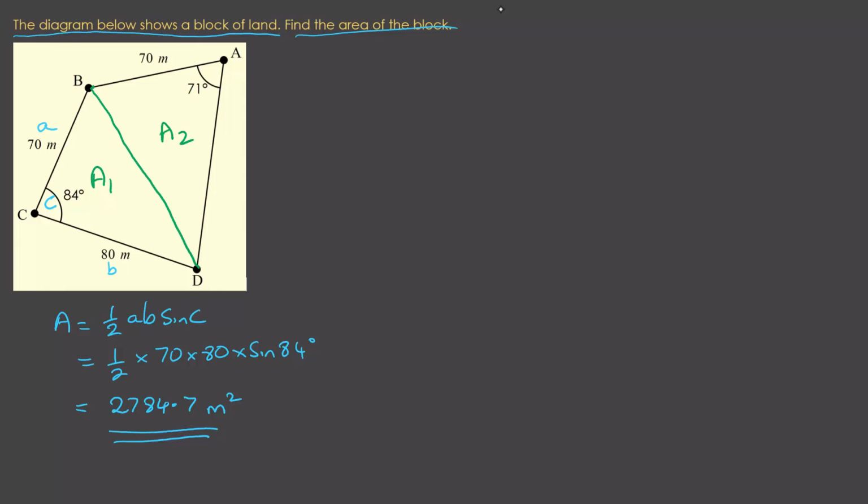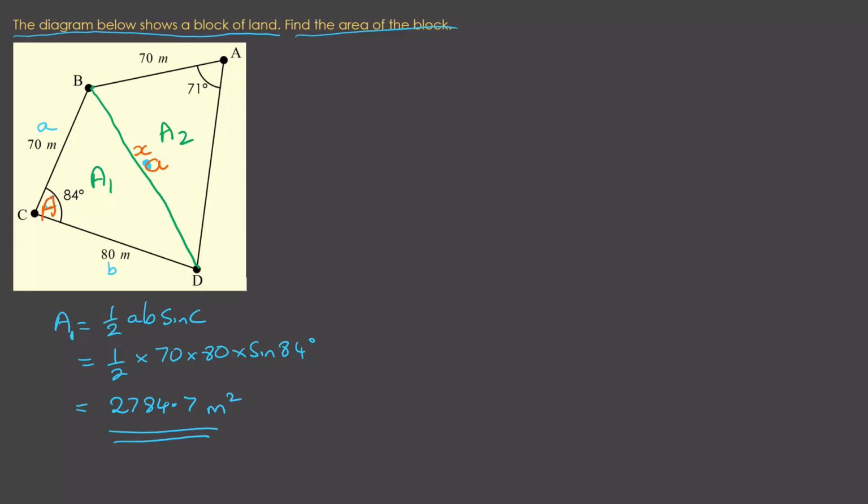Now I don't have the information to work out A2 yet. This was A1. I need some more information in the triangle ABD. But I can work out this length just here. So if I call that length A, let's say that it's X, but it's the side A because I'm trying to find it.